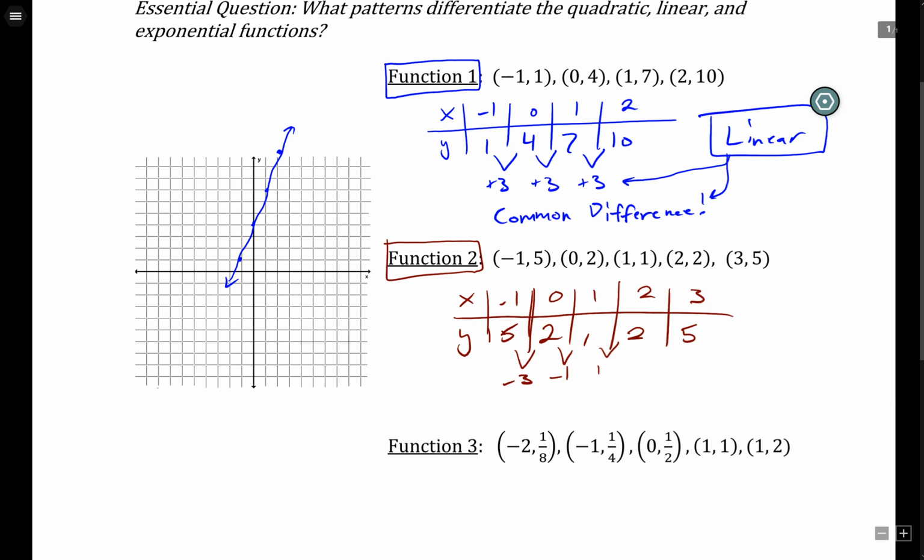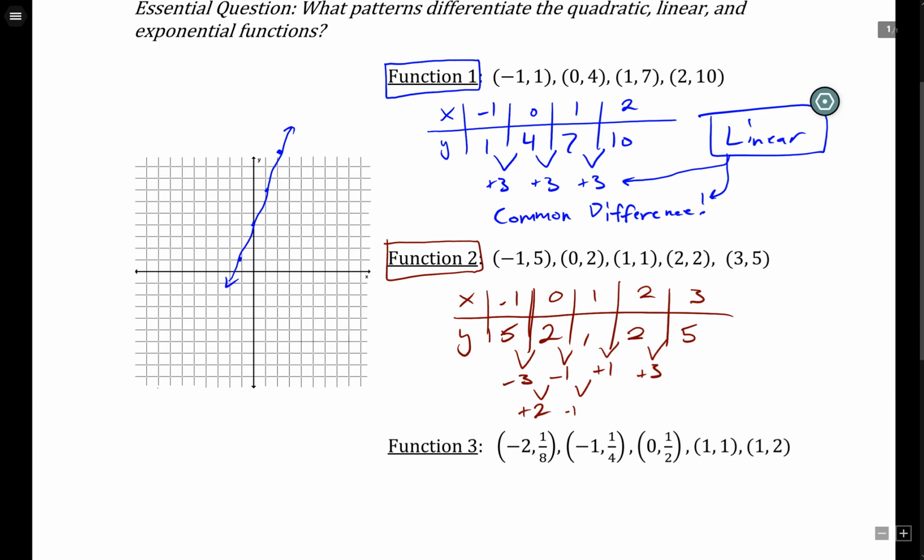And then here I'm increasing by 1, and then here I'm increasing by 3. So what's going on here? Because I don't have a common difference anymore. But let's look at what's called the second difference. So let's look at the difference of differences. So here, to get from -3 to -1, I'm adding 2.